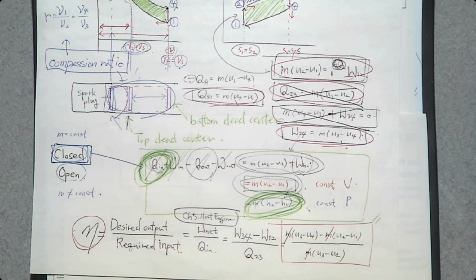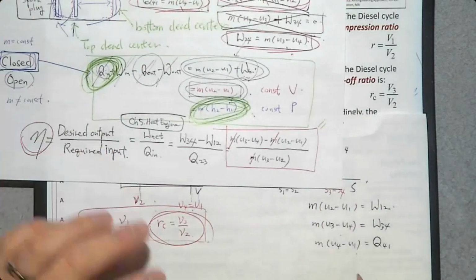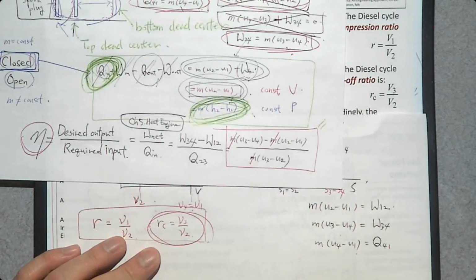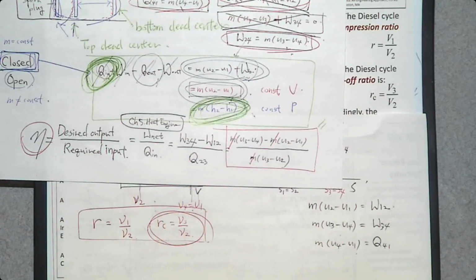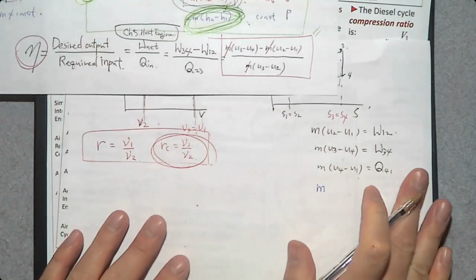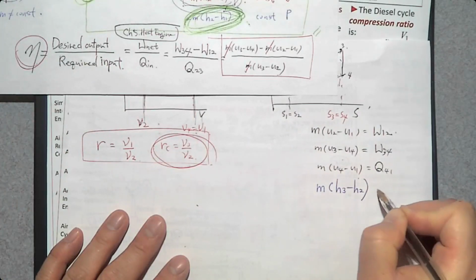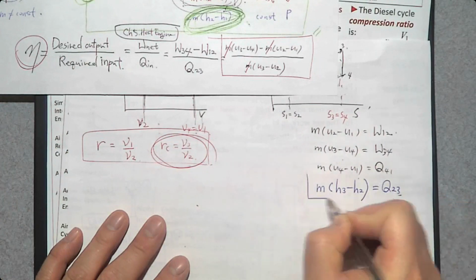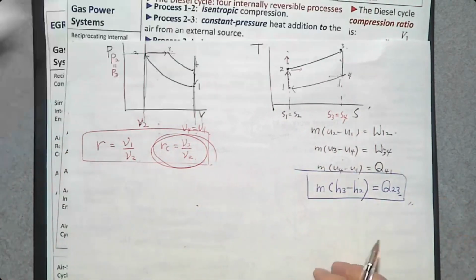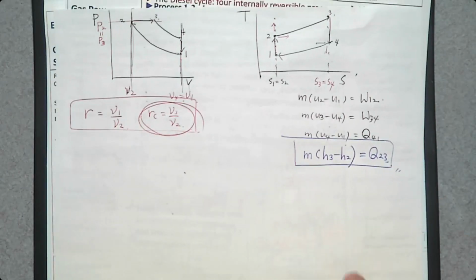It is the process between 2 and 3. Q23 is mass times H3 minus H2. That is the energy balance equation. Here's my blue. Mass times H3 minus H2, which is Q23. So this is the only difference between the Otto cycle and this diesel cycle.